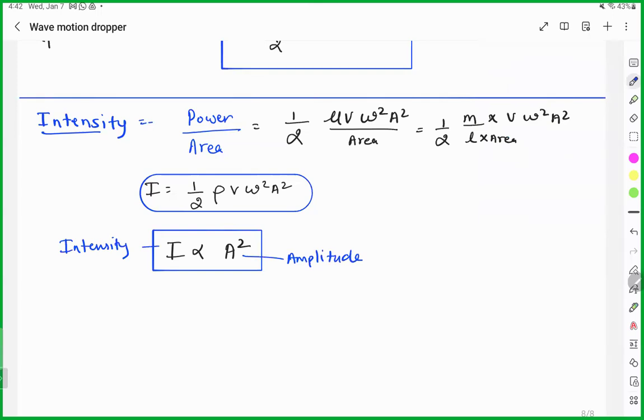When it is moving with a given velocity, frequency, and in a given medium having uniform density. Is this correct?